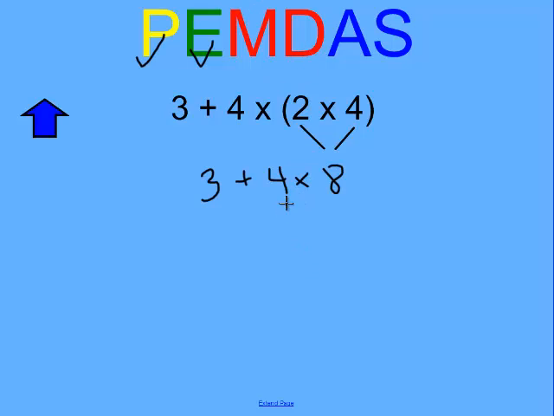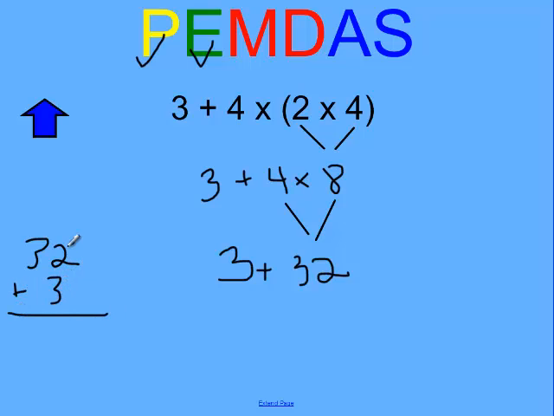So let's come up here and do the 4 times 8. What is 4 times 8? Gotta learn those multiplication tables. 32. Bring down the rest of the problem. Plus 3. Now we have 3 plus 32. Come over to the side, or on a scratch piece of paper.